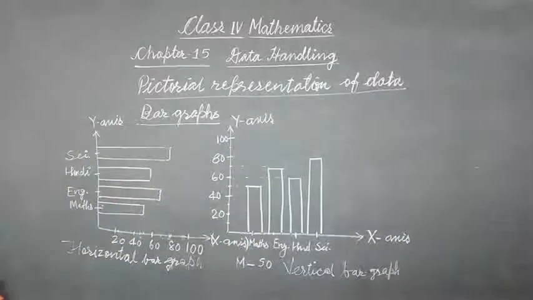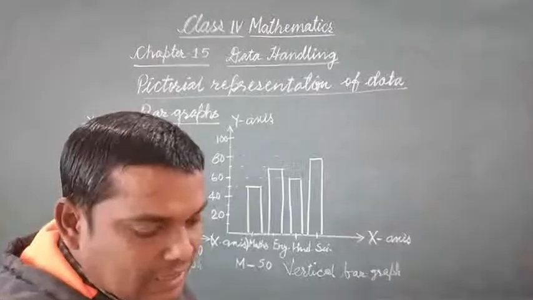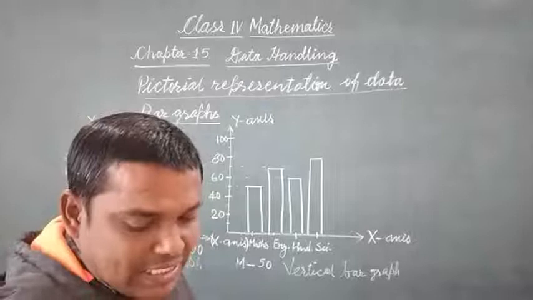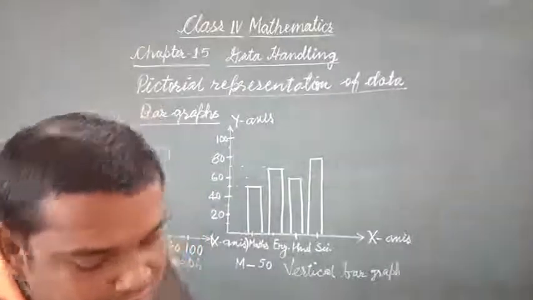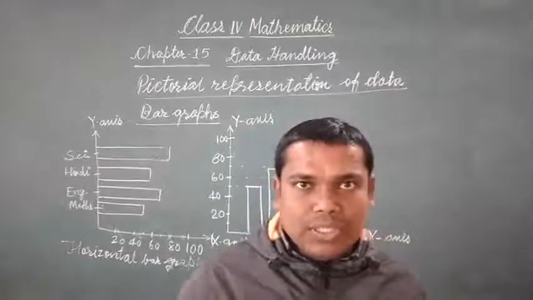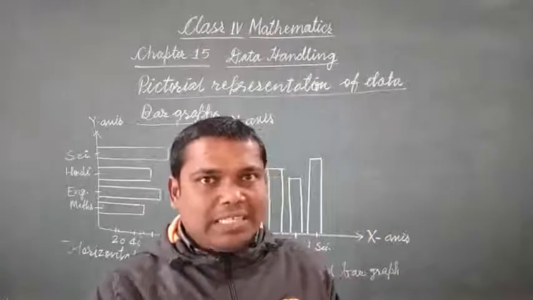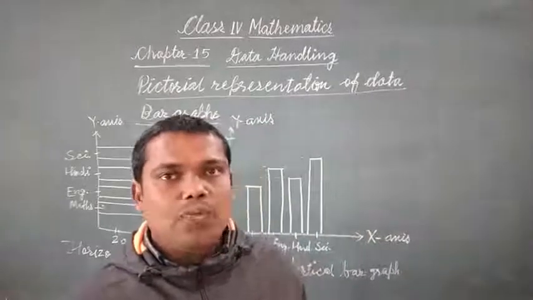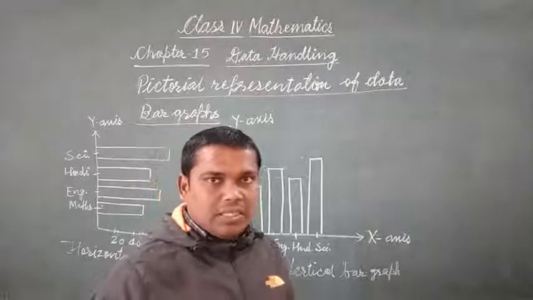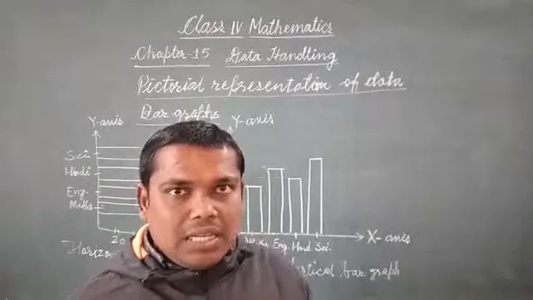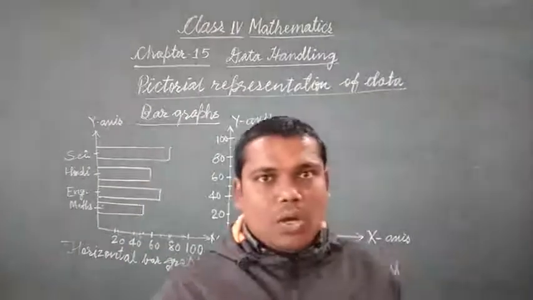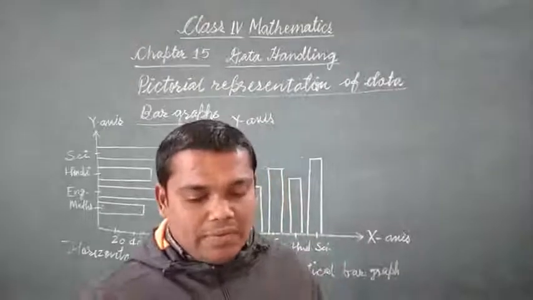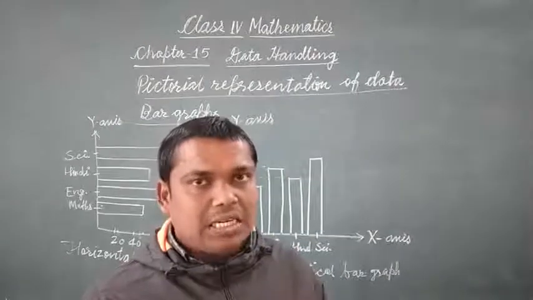You have been given exercise 15.1 and here 3 questions are given. These questions I will discuss with you in Google Meet. I hope all of you will be in Google Meet on Tuesday, so I will discuss in our class.